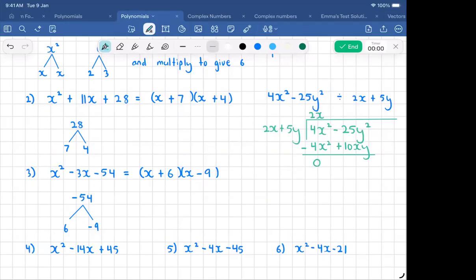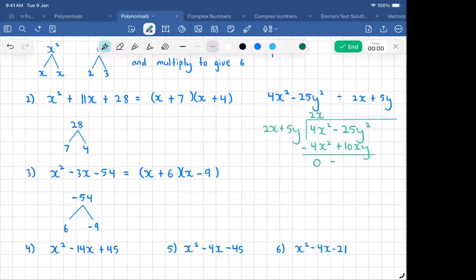I'm gonna blow your mind here. No joke. So you understand that this term and this term are two different terms, right? They're not like terms by any means, so you can't really simplify that.